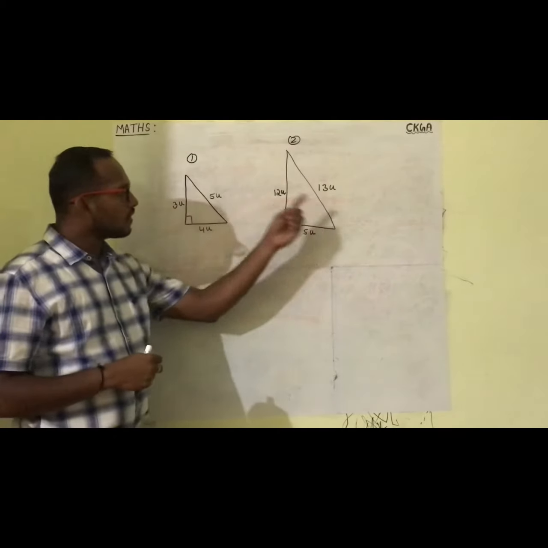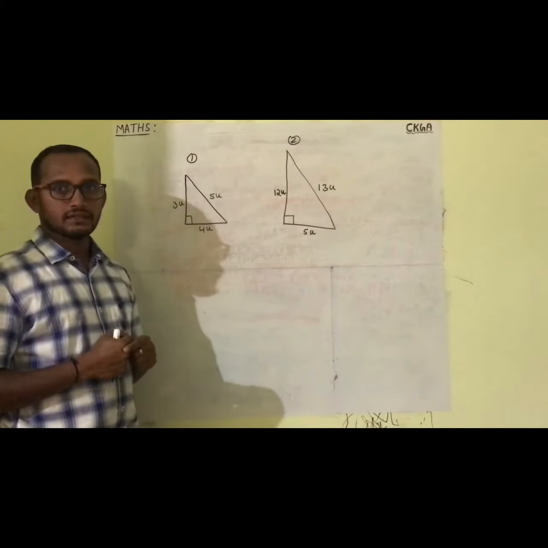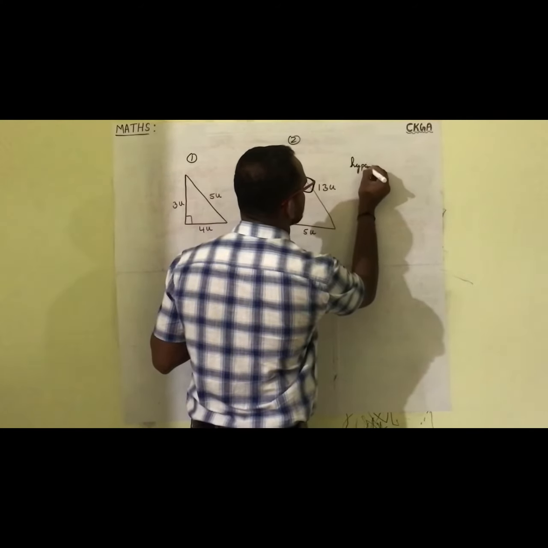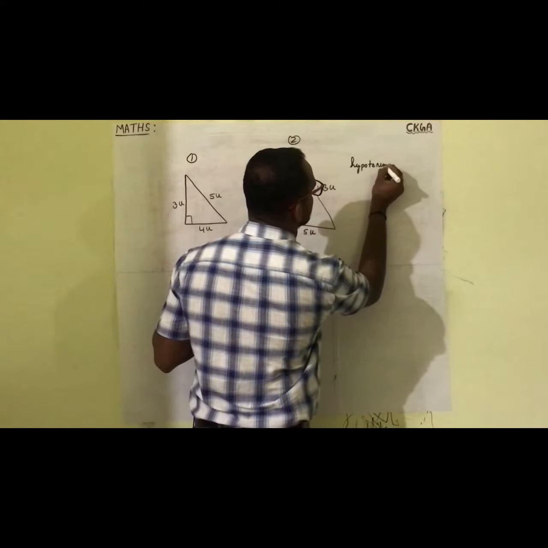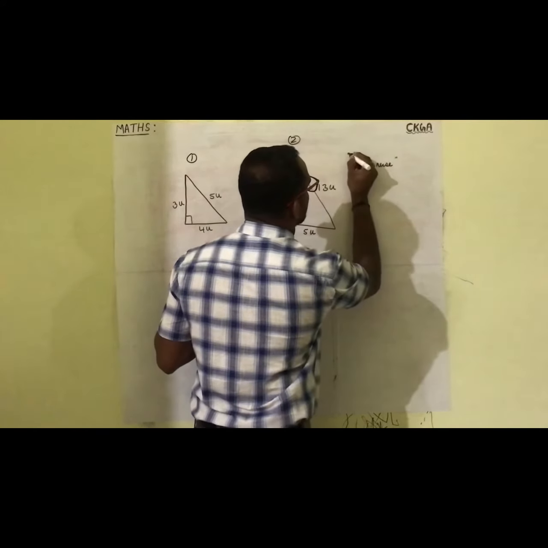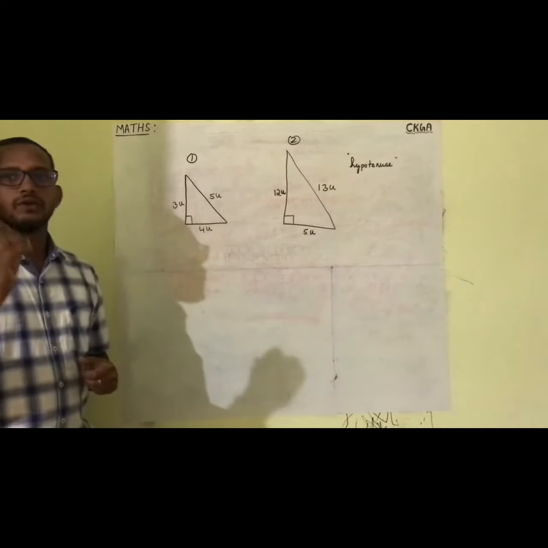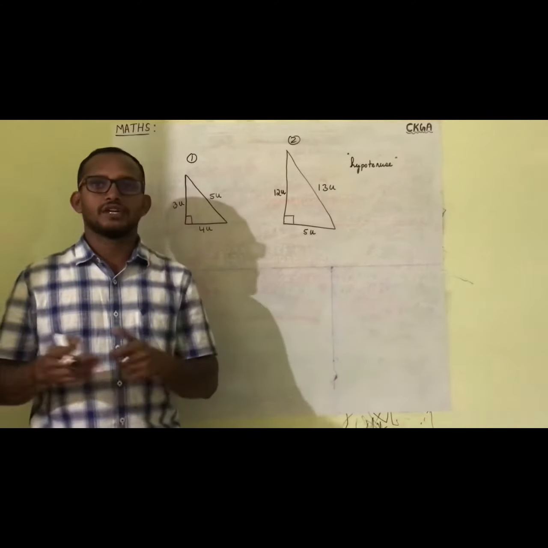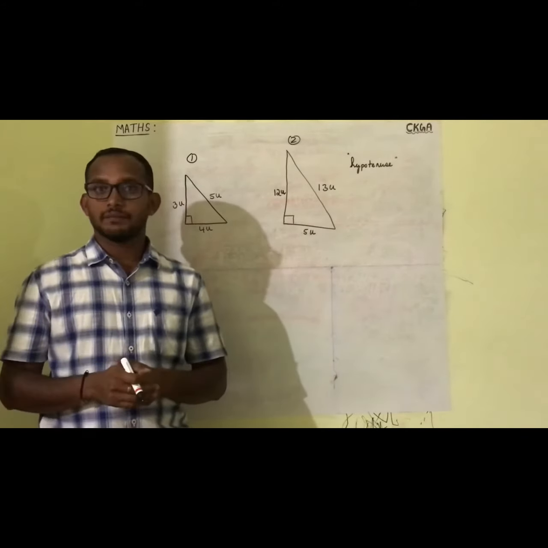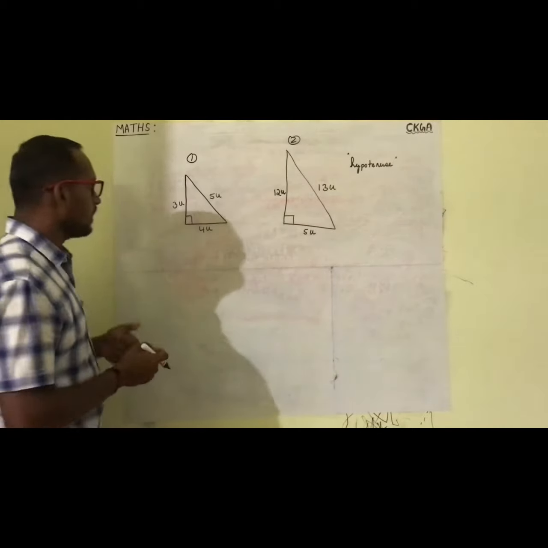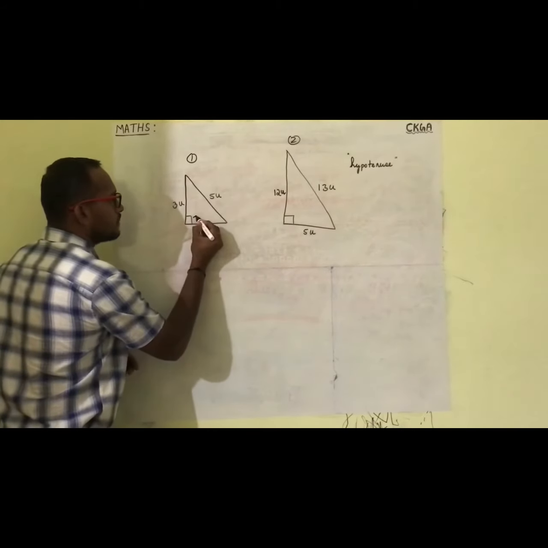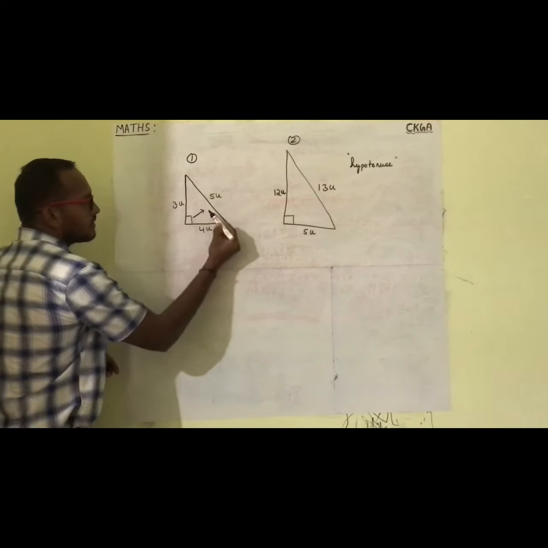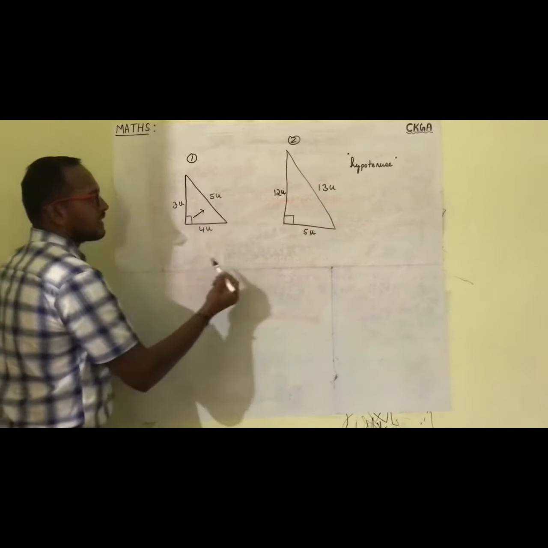So this longest side of a right angle triangle is called the hypotenuse. Keep this in your mind. What is the hypotenuse of a right angle triangle? The longest side of a triangle. You can recognize the hypotenuse by using one more key factor: this side is always opposite to the right angle. Suppose you can observe the right angle here, the side is opposite to the right angle. The same thing here.